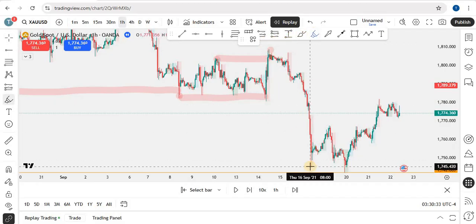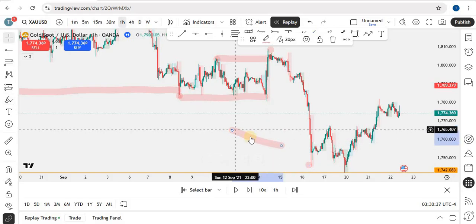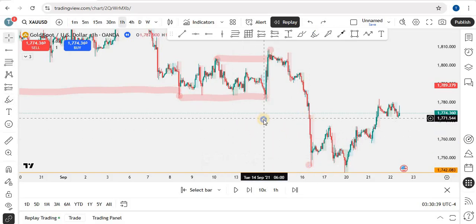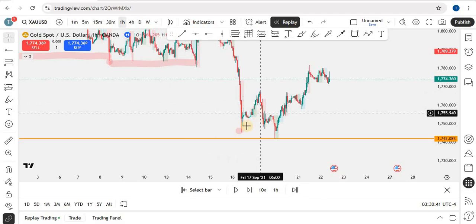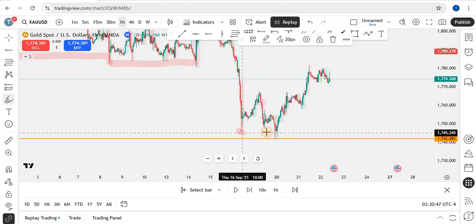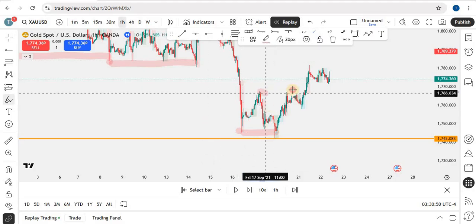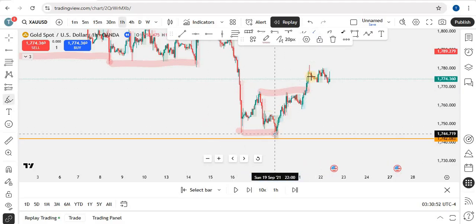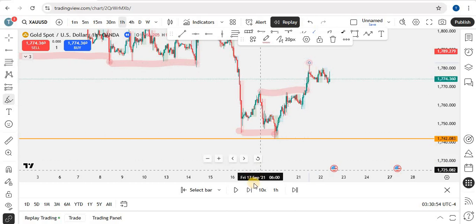High, low, right? Sweep nearest liquidity. Now this is the low and this is the high, right?